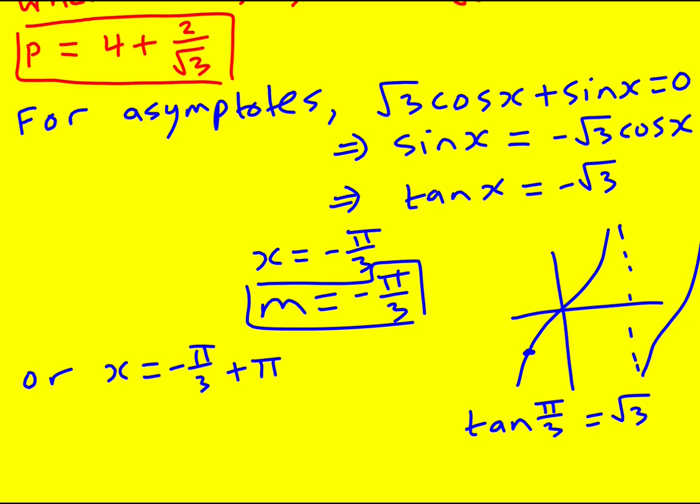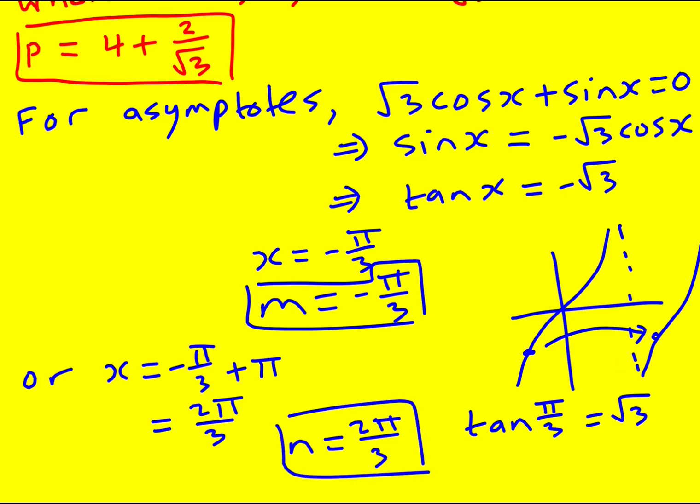It's going to be up here. The next solution is here. It's a distance of pi. So it's going to be 2 pi over 3. And that's my value for n. Okay, and we are sorted.